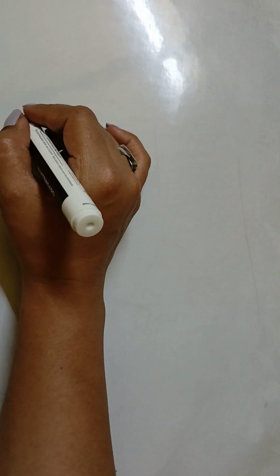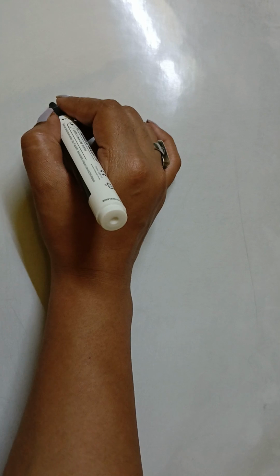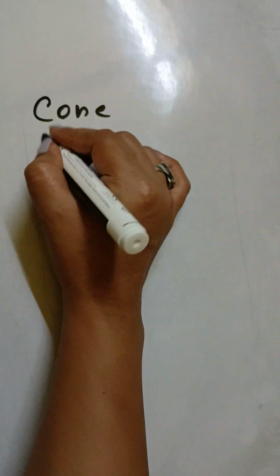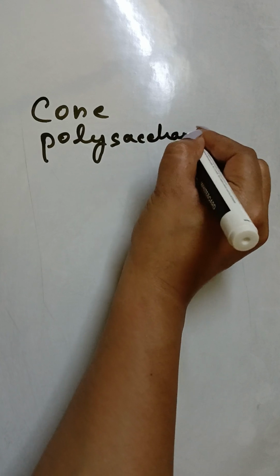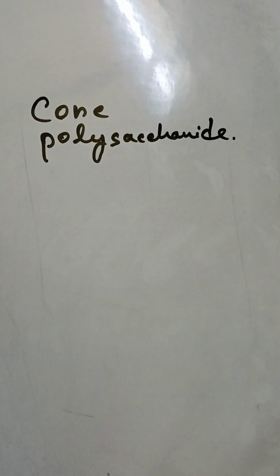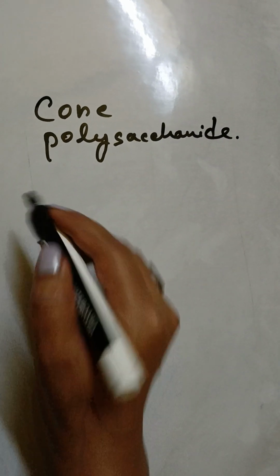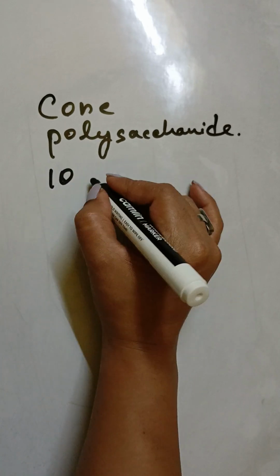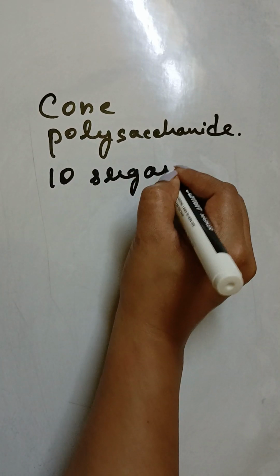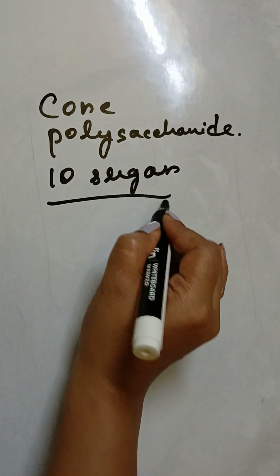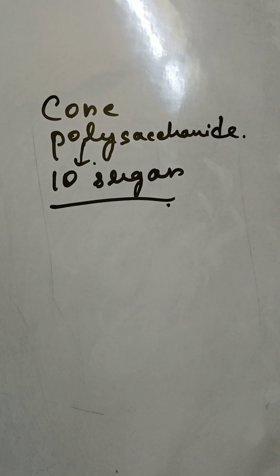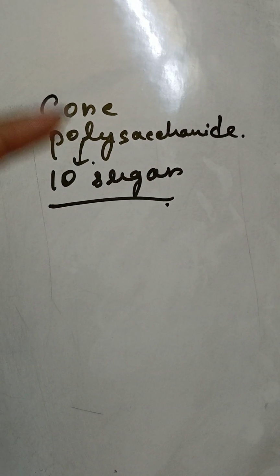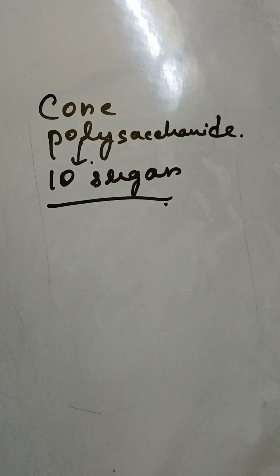Now the second one is the core polysaccharide. The core polysaccharide contains 10 sugar moieties, and these sugar moieties are very unusual in their structure.